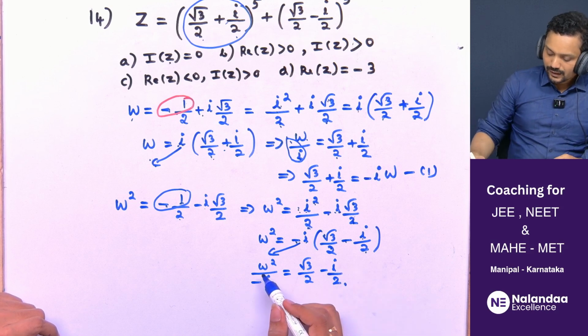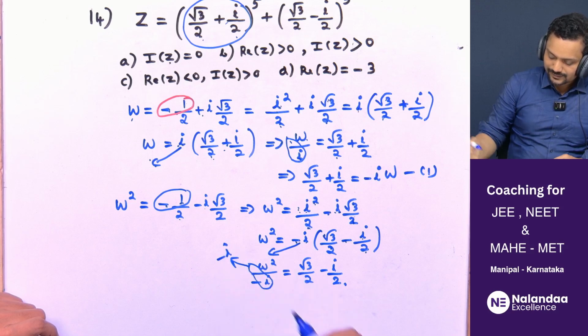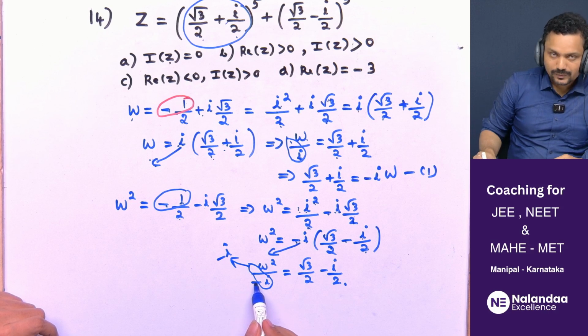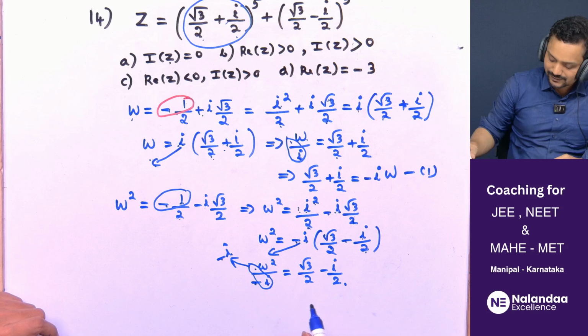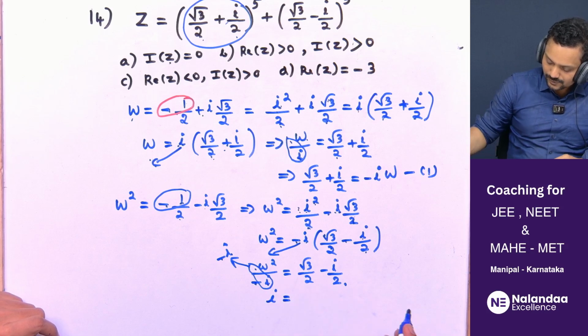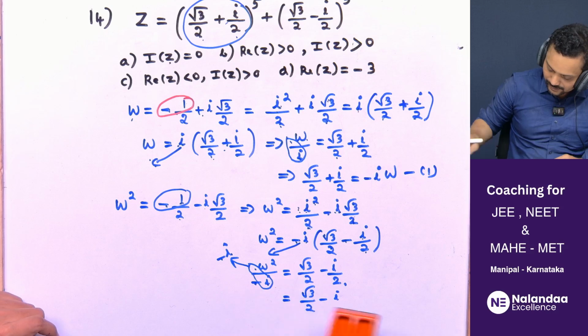And just now we saw 1 by i. 1 by i is minus i actually, and there is another minus sign here. So 1 by i is minus i, with this minus it will become plus. So you will get i is equal to root 3 by 2 minus i by 2, sorry, i omega square.